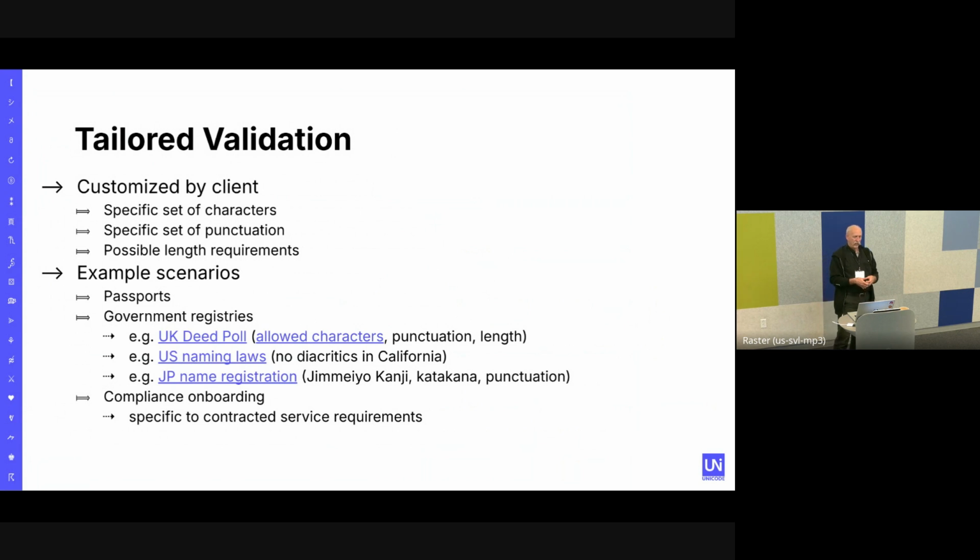So some examples are what goes on a passport. That's all defined by the International Civil Aviation Organization's technical standard for travel documents, which specifies down to a very specific set of characters that are allowed on the visible portions of a passport and for the machine readable parts.